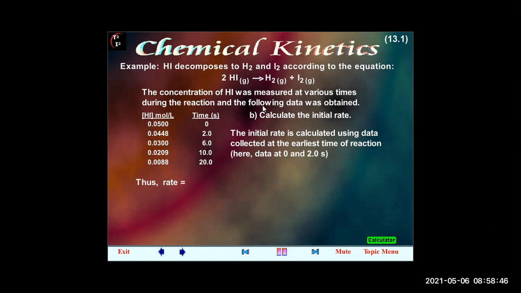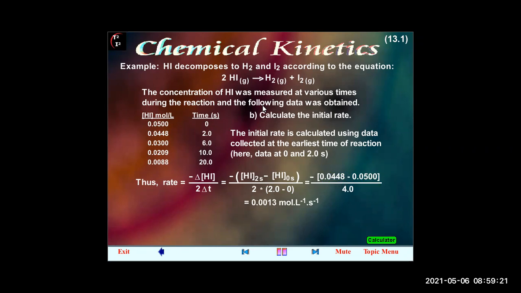Thus, rate equals negative change in concentration of HI divided by 2 times delta T equals negative concentration of HI at 2 seconds minus concentration of HI at 0 seconds divided by 2 times 2 minus 0 equals 0.0013 moles per liter per second.